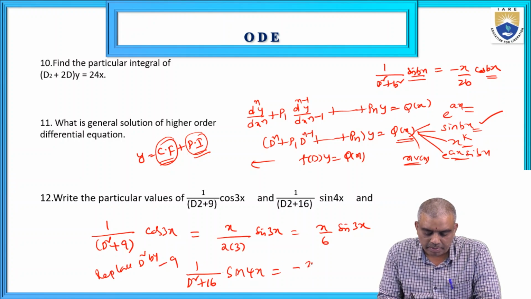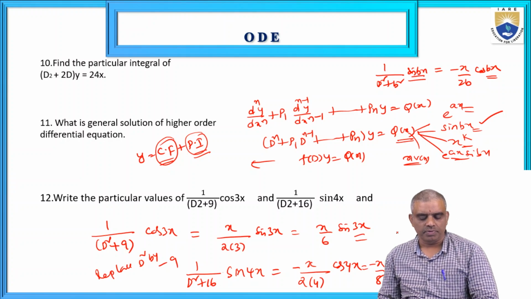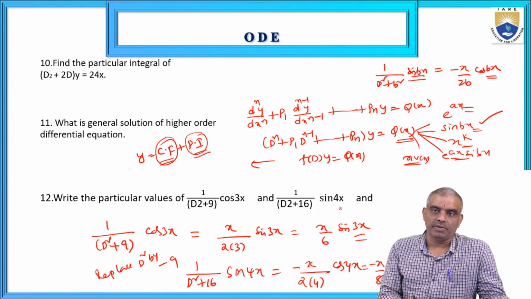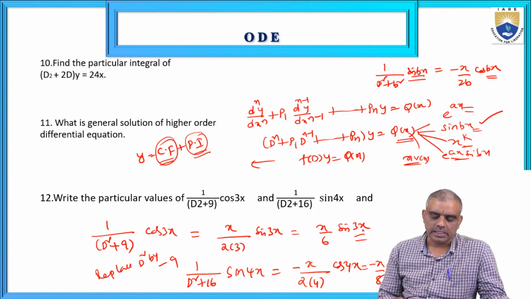So the solution will be minus x by 2 into 4 of cos 4x, or minus x by 8 cos 4x, is the particular value of 1 by D square plus 16 of sin 4x. Similarly, 1 by D square plus 9 of cos 3x is x by 6 of sin 3x.